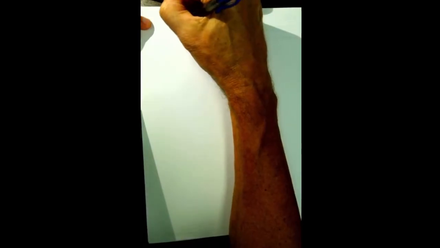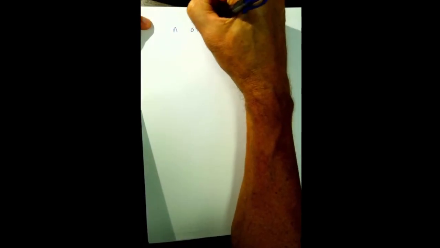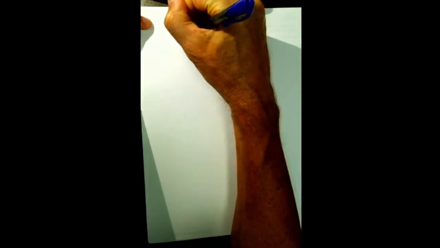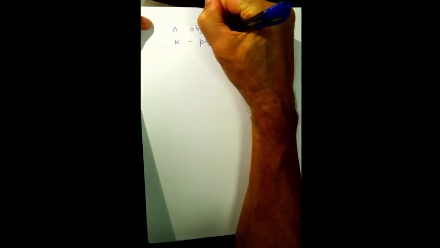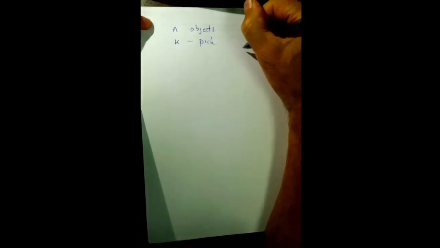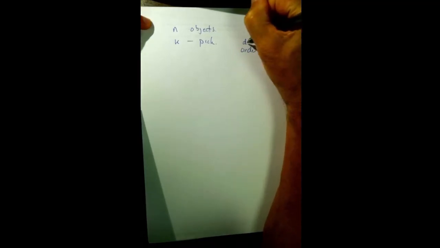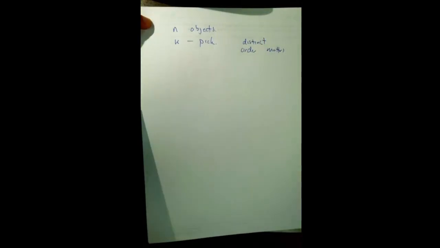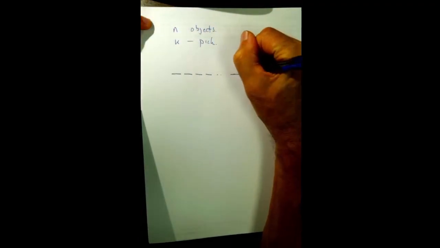So the idea is I've got n objects. I'm going to pick k, and again, the order matters, and the objects are distinct, so I can tell the difference between the objects. If this is the case, I can think of it this way. I'm going to have k choices.